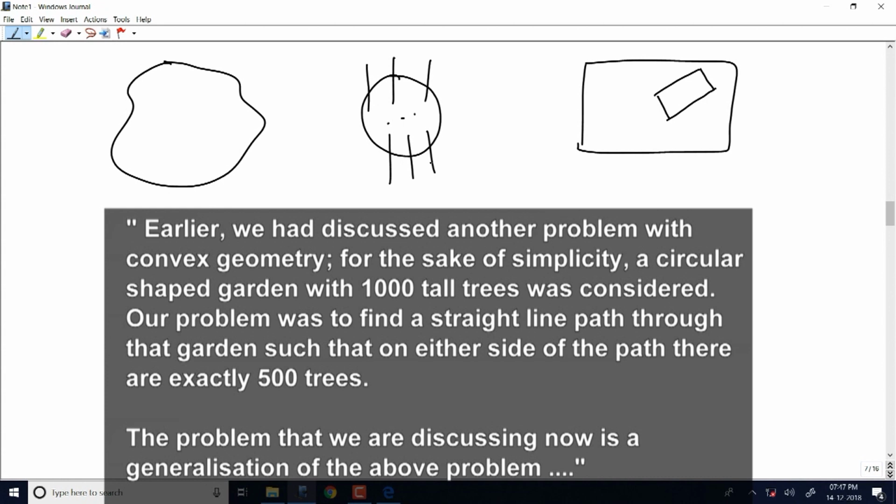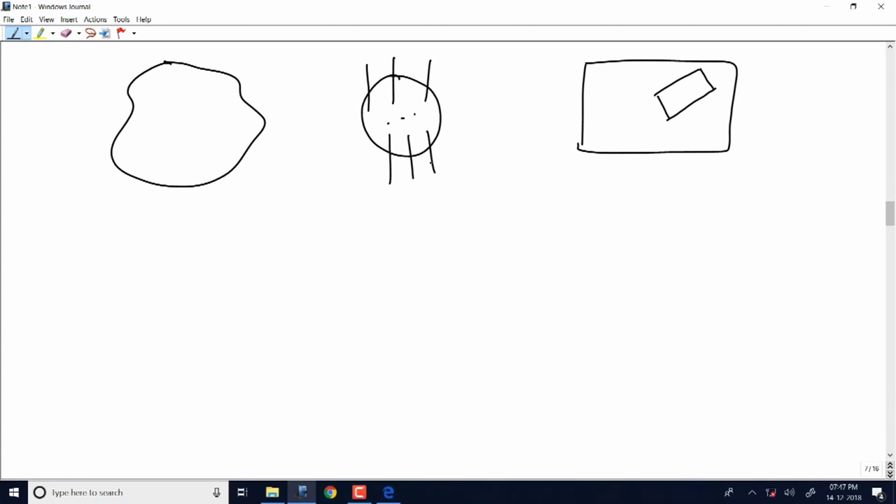So I think this problem is actually a general version of that problem. Yes, I think the solution procedure to this problem will be similar to the one that we used in the case of convex geometry. So let me try to follow the same procedure and solve this problem.